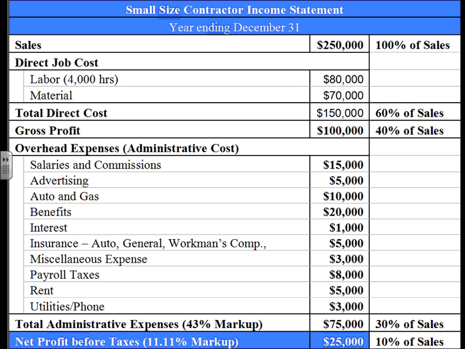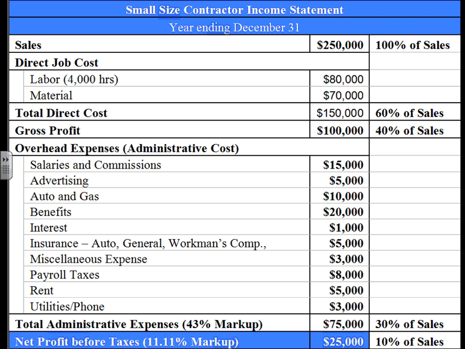If you gentlemen look at this, I have my job sales price 250. Here's all my labor, my material, direct job cost. Here's my gross profit is 40%. That's my gross profit. When I add all the overhead out of it, my overhead is 30%.